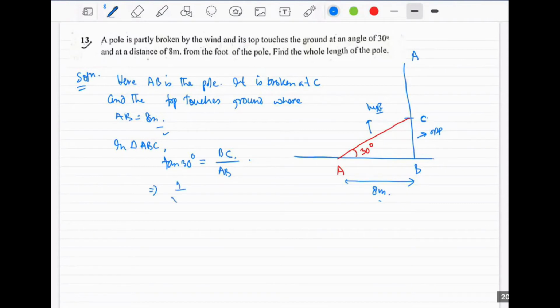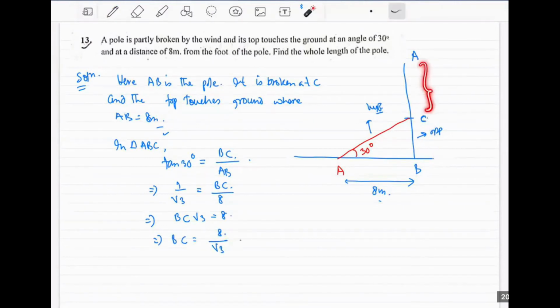Tan 30 is 1 by root 3. BC we don't know, we are supposed to find it out. AB is 8. Cross multiply, we have BC root 3 is equal to 8, and BC will be 8 divided by root 3. We have got BC, right?